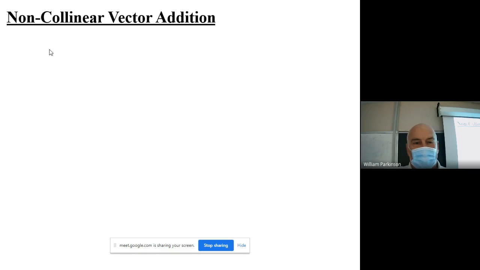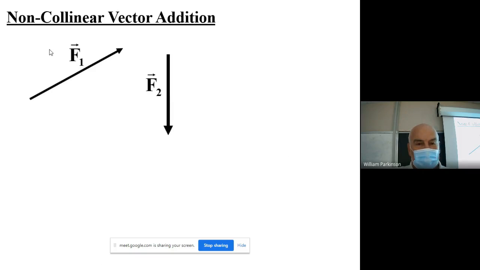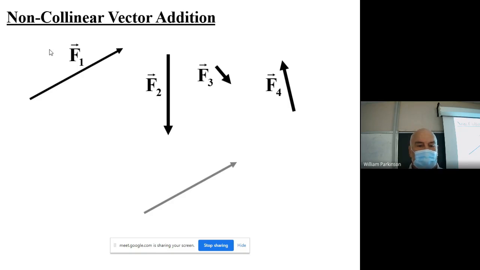So here's just another example of doing that. Let's suppose I have these 3 vectors and I'm supposed to add them. Again, sorry, there were 4 of them. I will start with F1 and I just put it randomly on the paper. I can attach 3 or 4 to it, or whichever one I want.